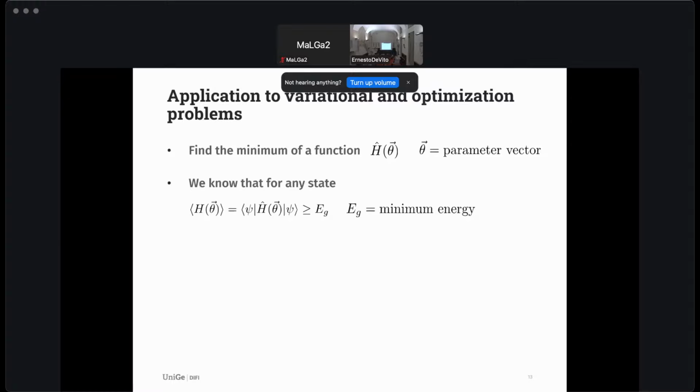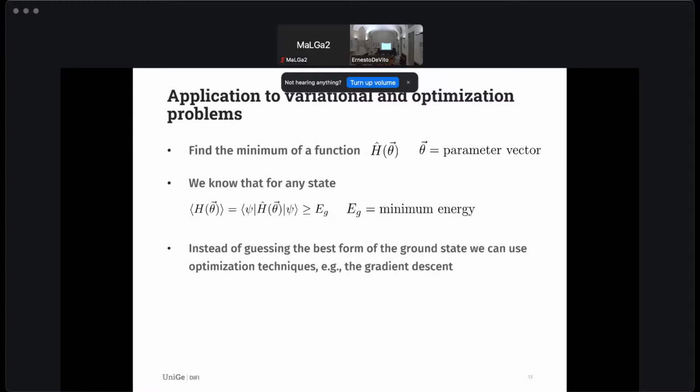There is a theorem that says that the average energy of your operator is always bigger than or at least equal to the minimum energy, the energy of the eigenvalue of the ground state. This is the energy that chemistry is interested in. So you guess a state, you calculate the average energy of the state, then you guess another state, calculate the second energy, compare the two, and keep the one associated with the lowest energy.